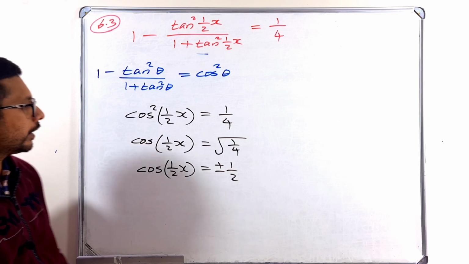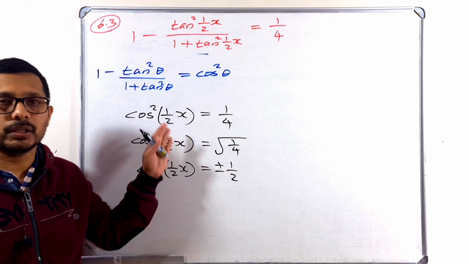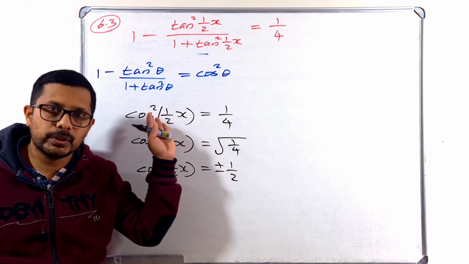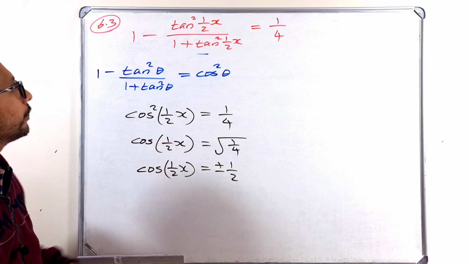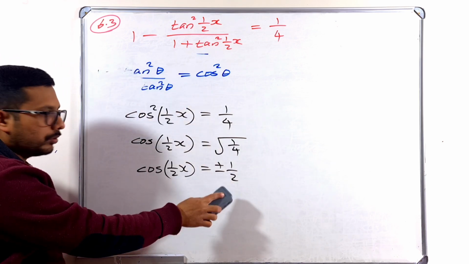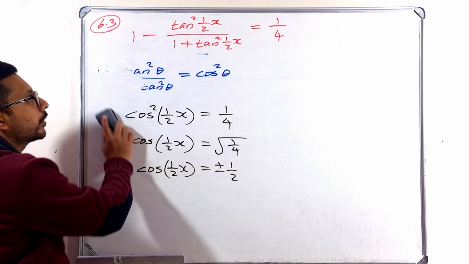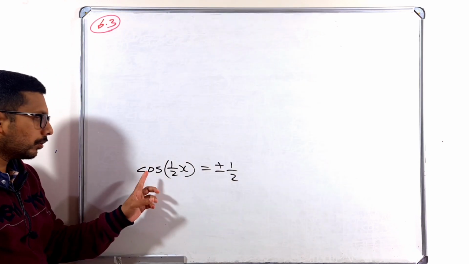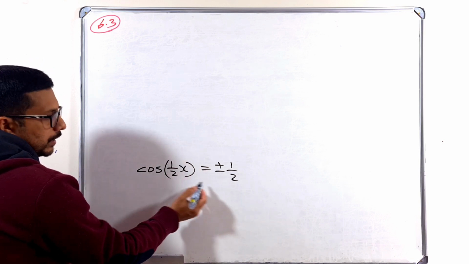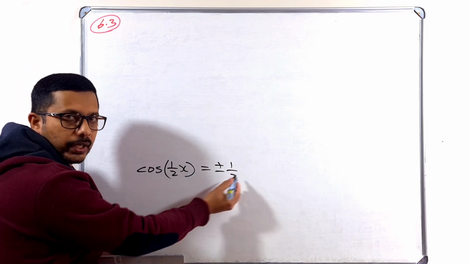Let me erase this one. Before you continue watching, those who didn't write this down, write it. Now our expression is cos half x is equal to plus or minus 1 over 2. So it means either positive half or negative half.